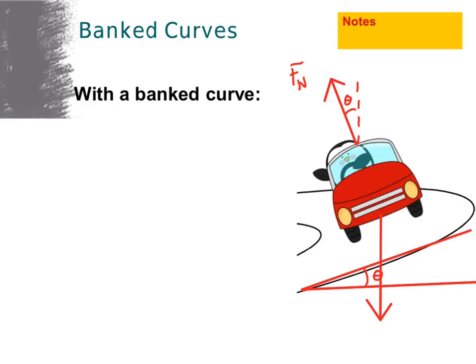So that also is an angle theta. We still have a frictional force, and that frictional force is still actually going to be pointing toward the center of the circle.